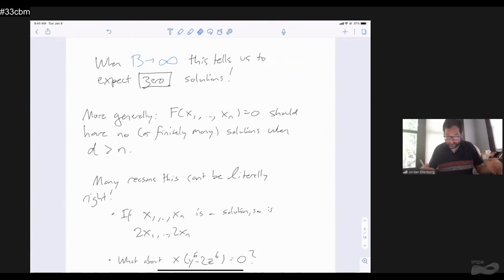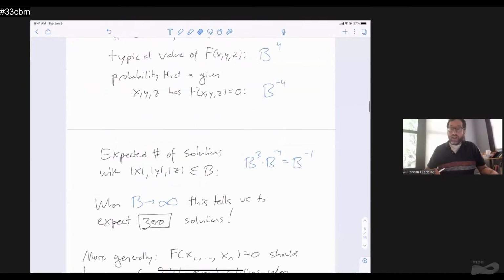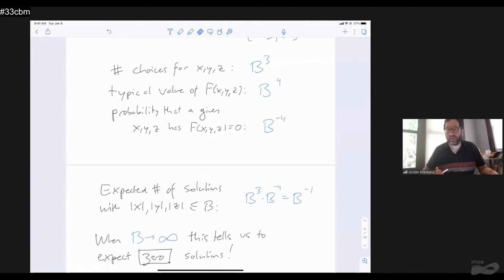Actually, sorry, I have this on the slide below, but let me say what I mean. What went into our heuristic here? Really only two things: how many variables there were, in this case 3, and what the homogeneous degree of this polynomial was, in this case 4. And why did we predict so few solutions? Because 4 is bigger than 3.